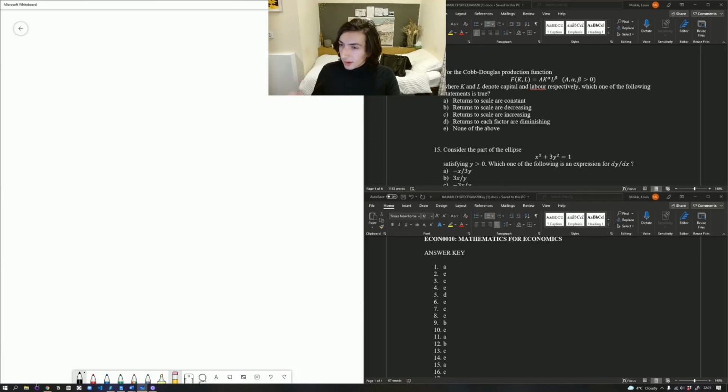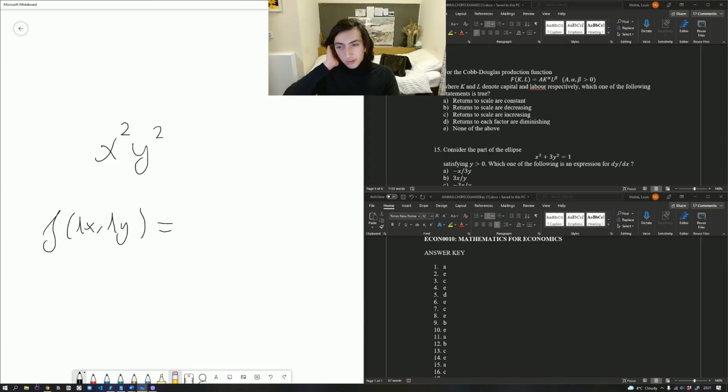If I had a function like x squared times y squared, the degree of homogeneity is determined like this: if I have a function of lambda x and lambda y, the degree of homogeneity is the power of the lambda that comes out of the equation.